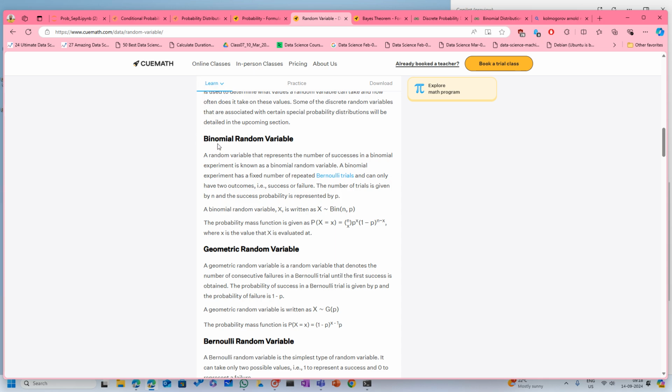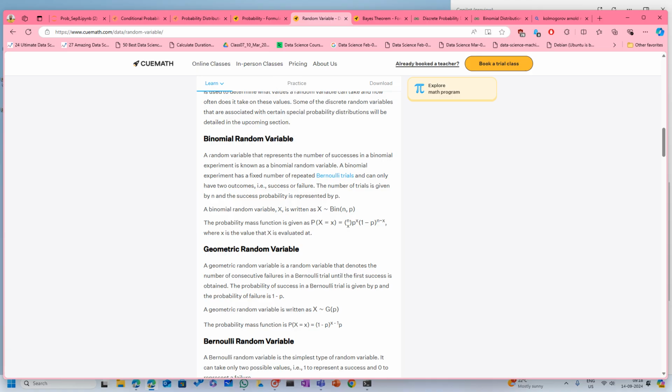Now, binomial distribution is binomial. Bi means two. Two results are obtained here. For example, tossing of a coin. There are only two outcomes, either success or failure. For example, a transaction could be non-fraudulent or fraudulent. Results of an exam, either they pass or they fail. Only two options.